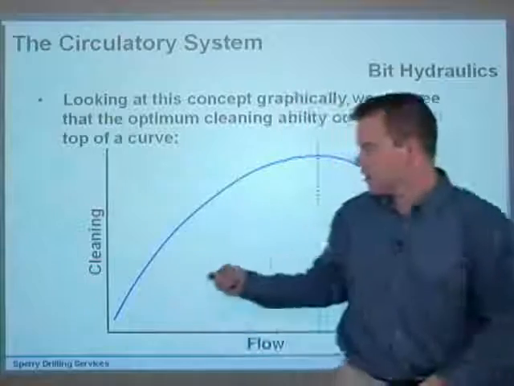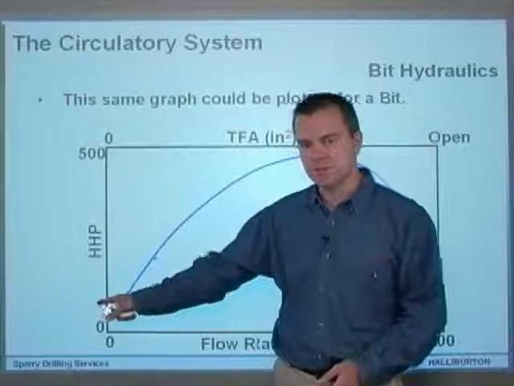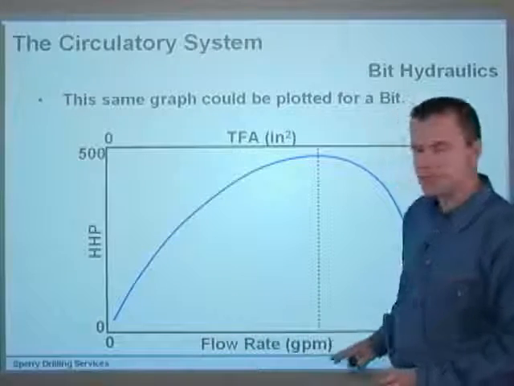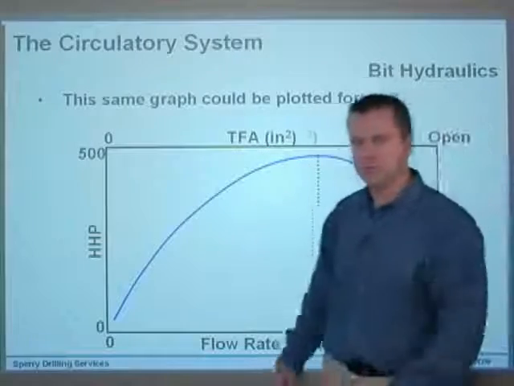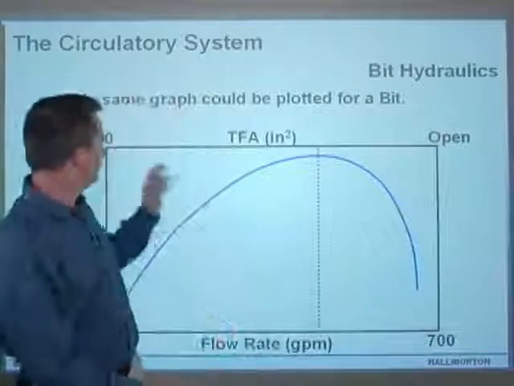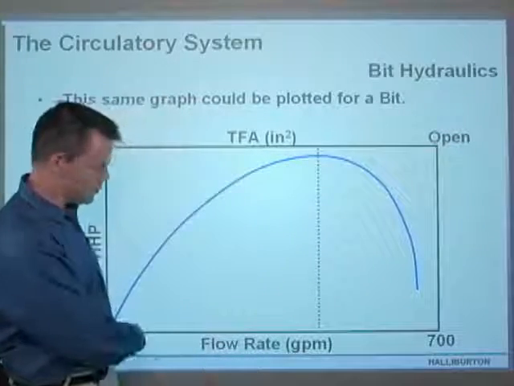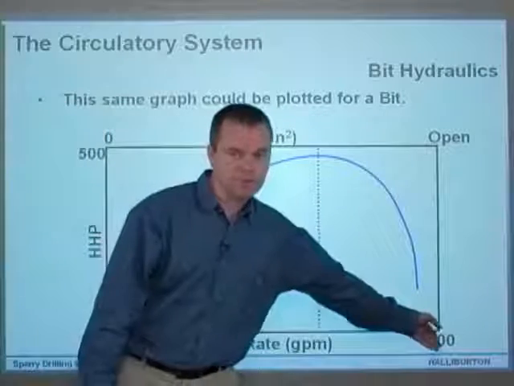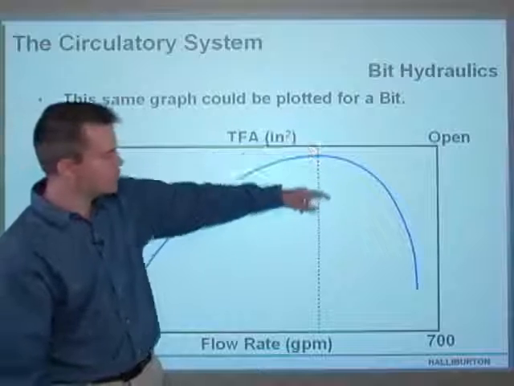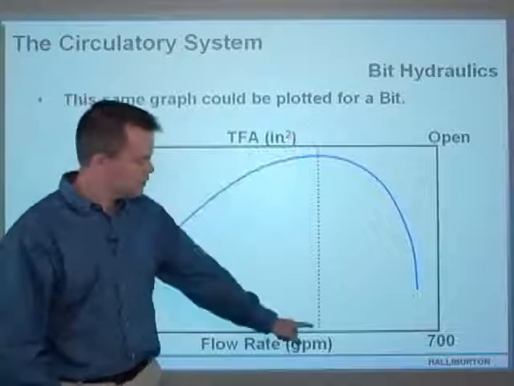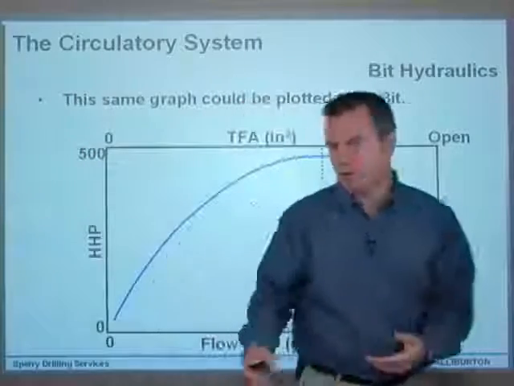Now, if we apply this graph to a bit and have a look at hydraulic horsepower on the y-axis, and flow rate in gallons per minute on the x-axis, and TFA in square inches on the x-axis as well, just putting it on the same sort of scale. If we go from 0 TFA to completely open jets, and 0 gallons per minute to, say, 700 gallons per minute, somewhere along here, perhaps about 500 and something gallons per minute, would have been the optimum TFA, allowing that flow rate and maximizing your hydraulic horsepower.